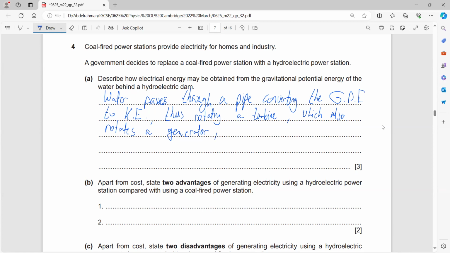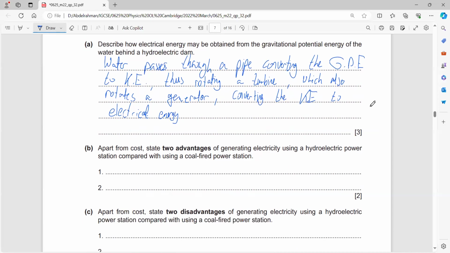This generator starts to rotate, converting the kinetic energy to electrical energy. That's it. Please do not write down any abbreviations. Write down kinetic energy. Do not write down KE. And don't write down GPE, gravitational potential energy.